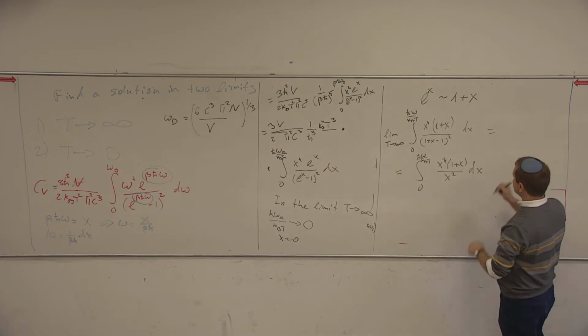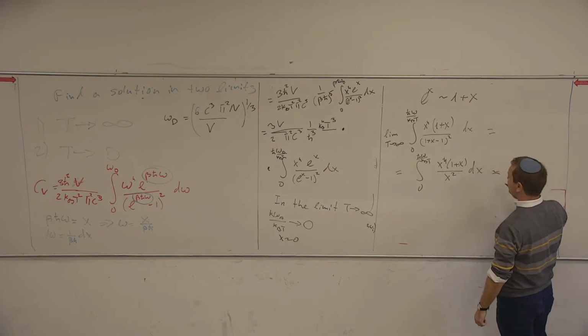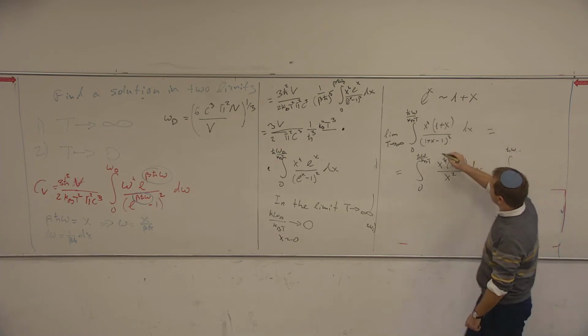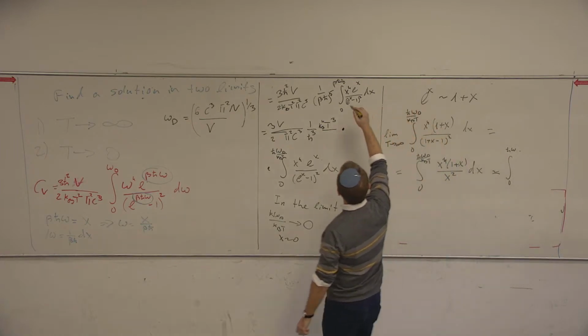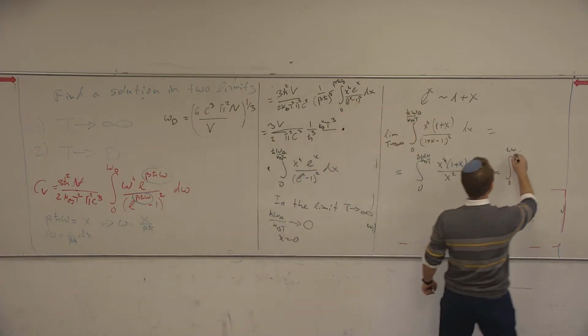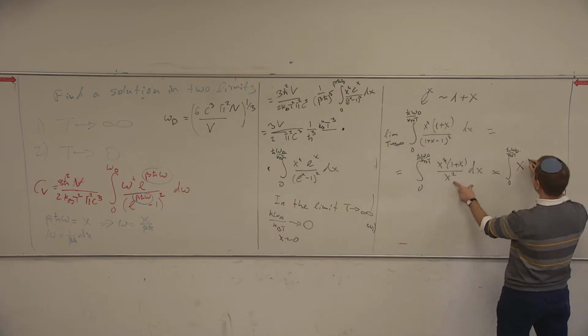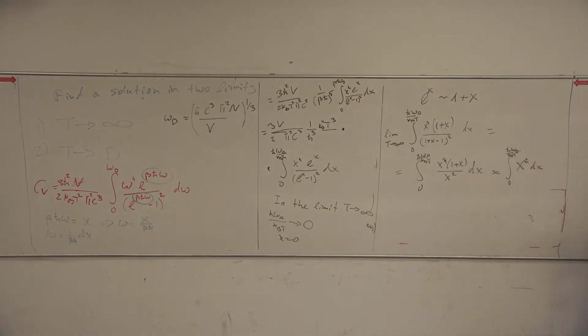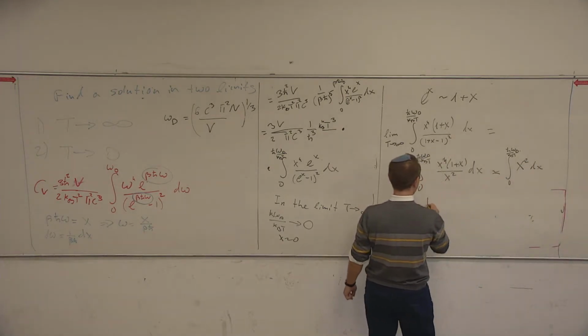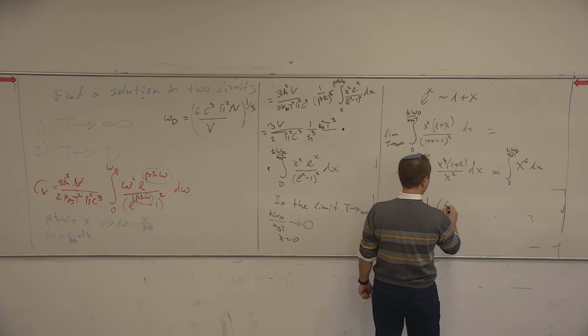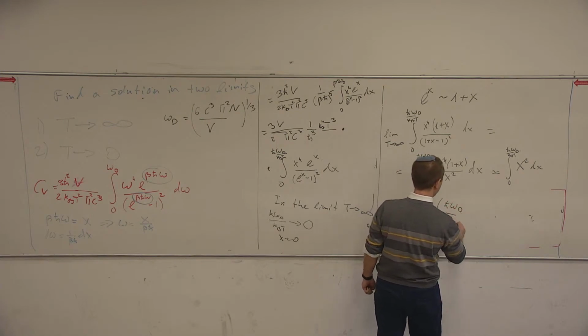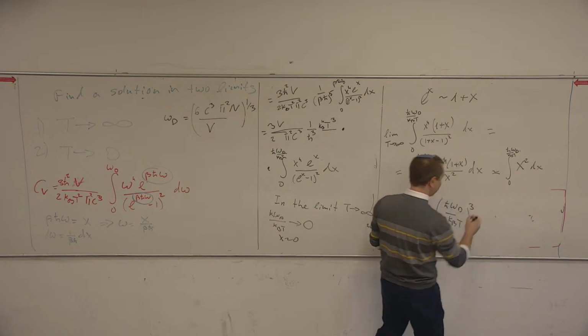So I simply say, well, this is approximately the integral up to ħω_D π by k_B T, and here we have x to what power? x squared, right? dx, which equals 1/3 of ħω_D π divided by k_B T to the third power.